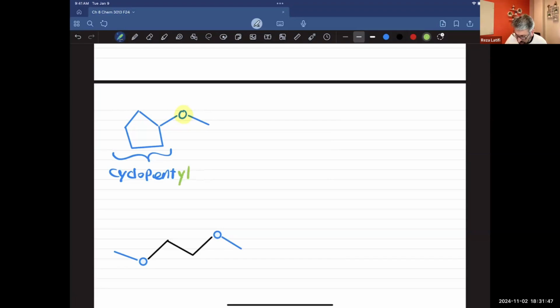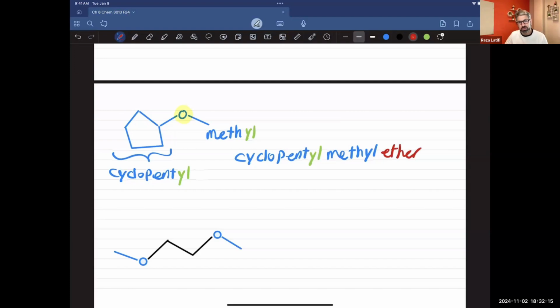And this one will be methyl. So the way we name it, we say cyclopentyl, then methyl, and next we add ether to the end of the name. It will be cyclopentyl methyl ether.